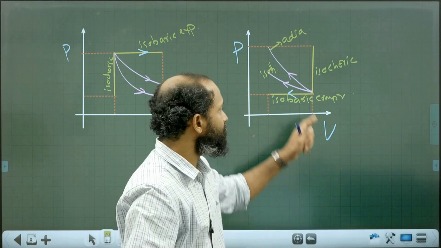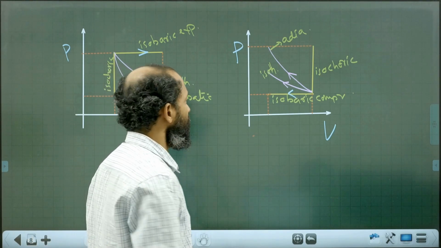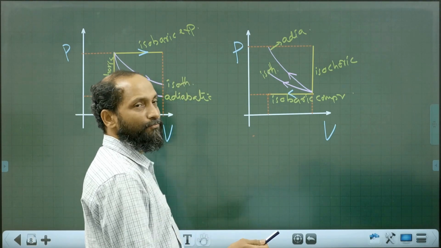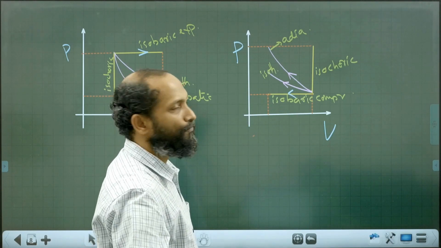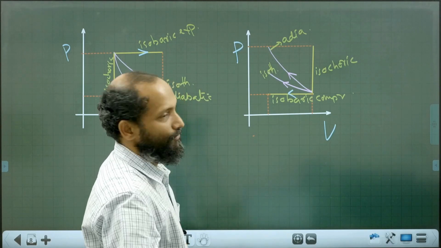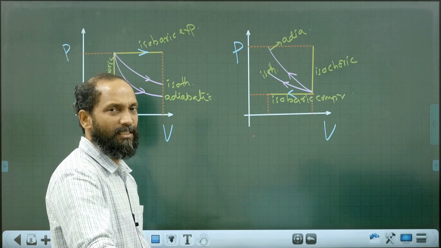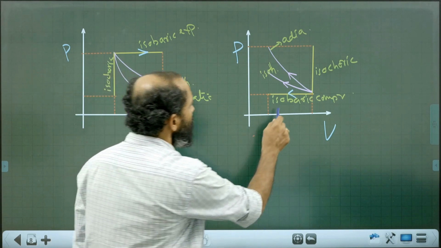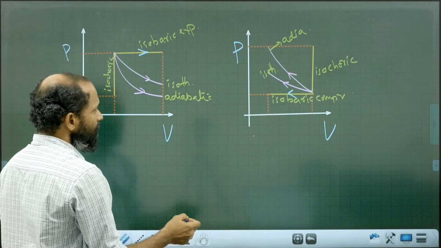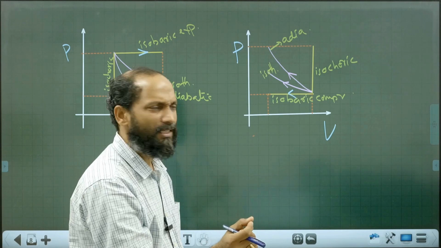Here each of these processes mentioned are non-cyclic processes. Work done from PV diagram we can find out as the area under the curve made with volume axis. So in which of these cases isobaric process least work in compression?